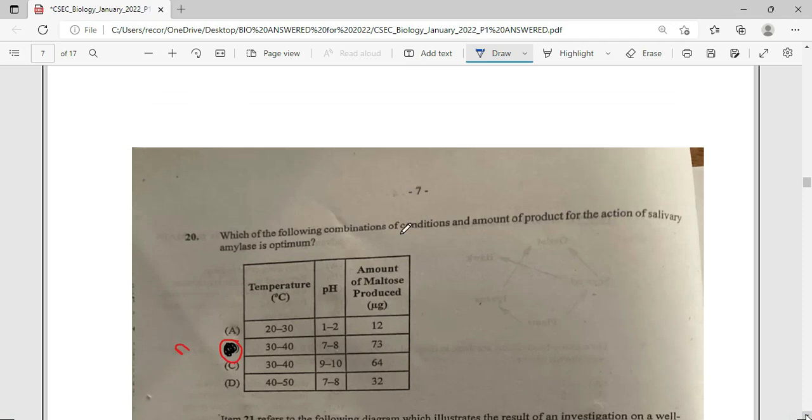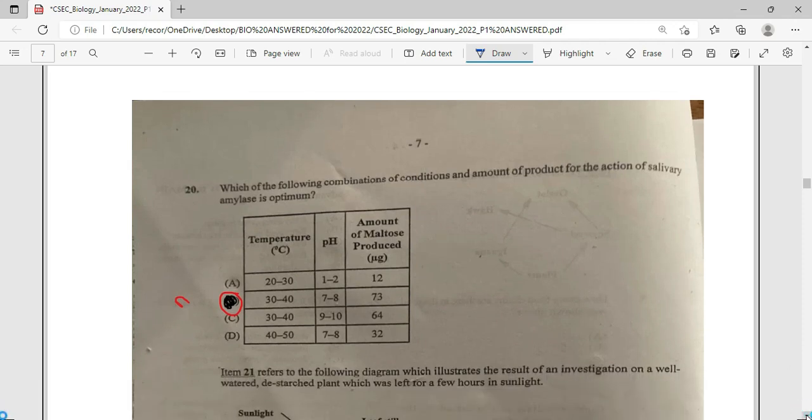And we are moving on. This is another new question. And new question, it reads number 20. Which of the following combinations of conditions and amount of product for the action of salivary amylase is... I think I read this wrong.